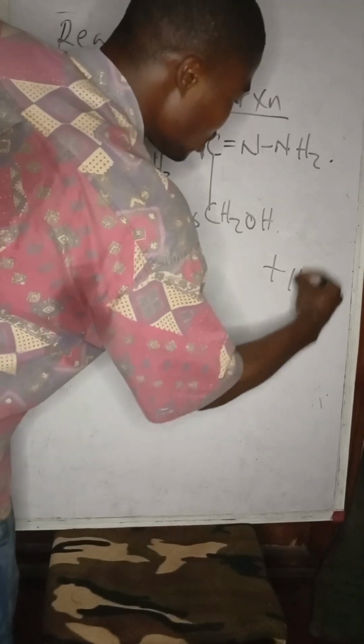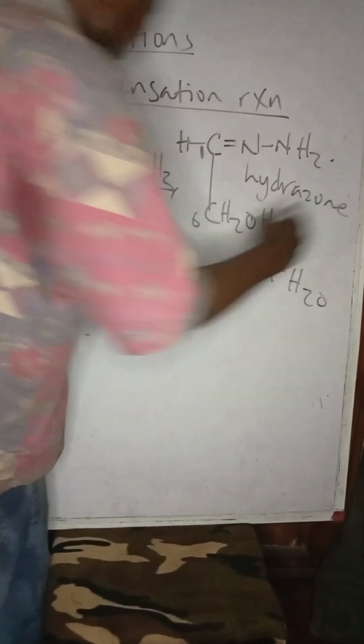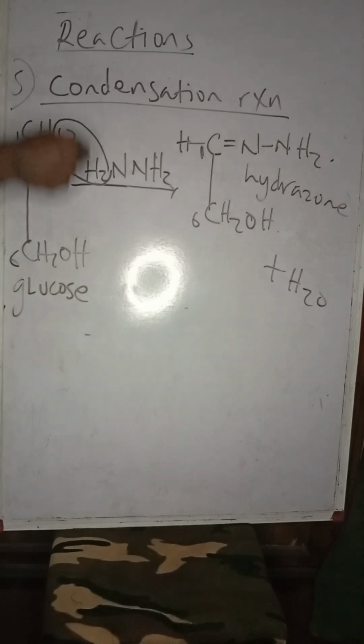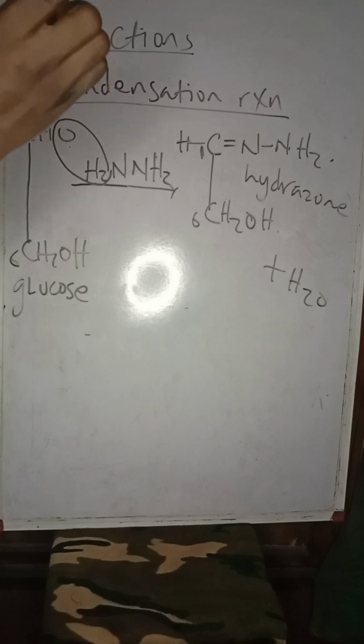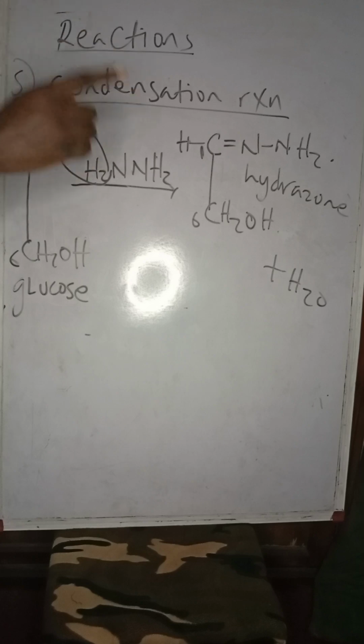The compound formed when glucose reacts with hydrazine is known as glucose hydrazone. Please don't forget that. So glucose plus hydrazine gives glucose hydrazone, a yellow precipitate. So we've done glucose plus hydroxylamine, glucose oxime, and glucose plus hydrazine, glucose hydrazone.